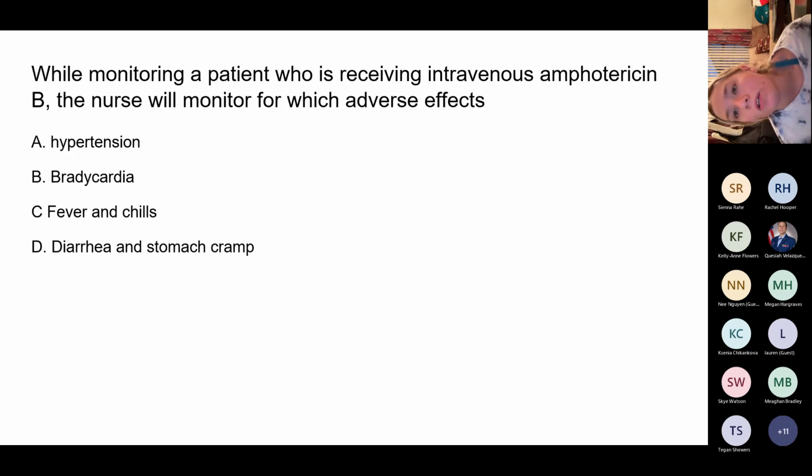All right. While monitoring a patient who's receiving intravenous amphotericin B, the nurse will monitor for which adverse effects?